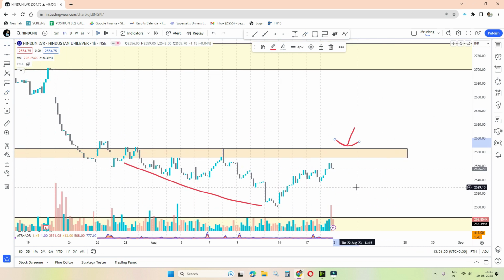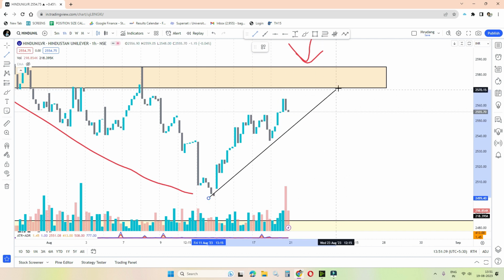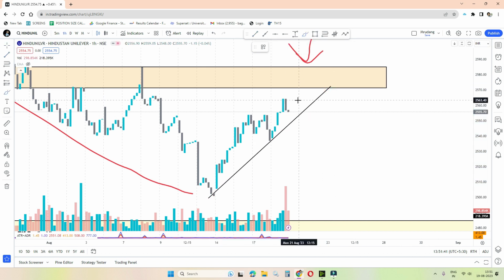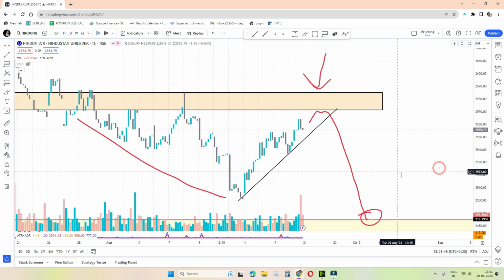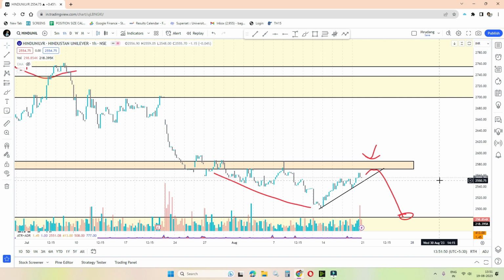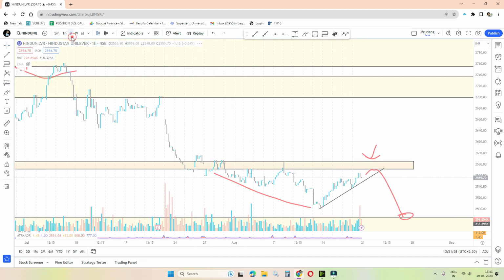So the next trade you may get is stock tries to go up somewhere around here and it breaks down. So the possible target will be this one. Okay, so again, this is a bearish setup on Hindustan Unilever. You may keep it on your watch list. So you can enter on 4-minute time frame also.